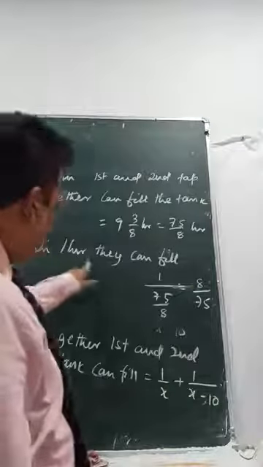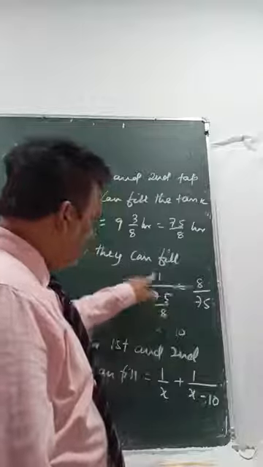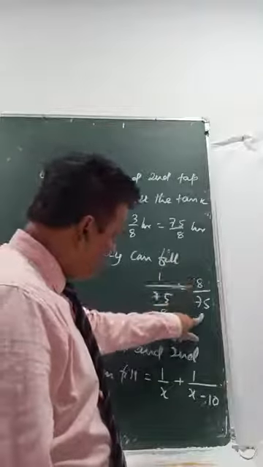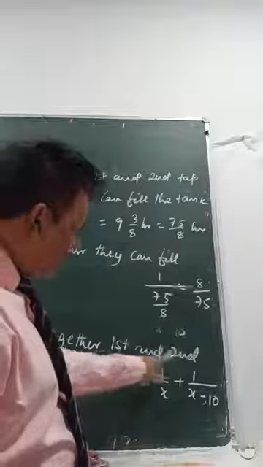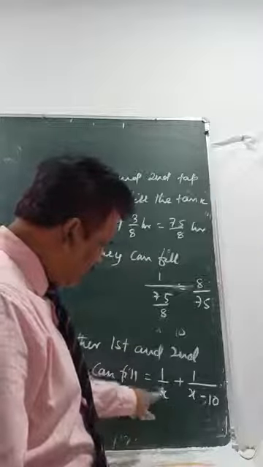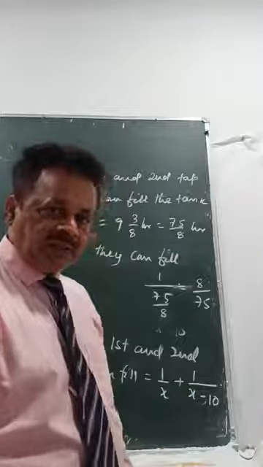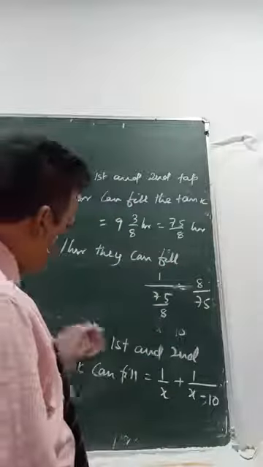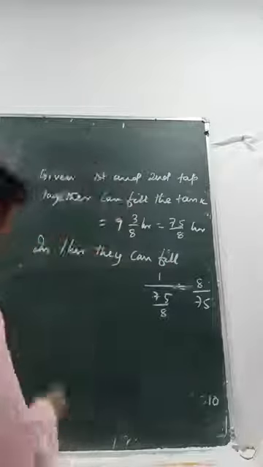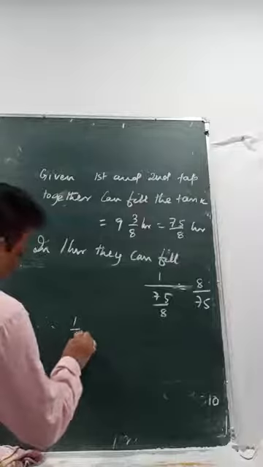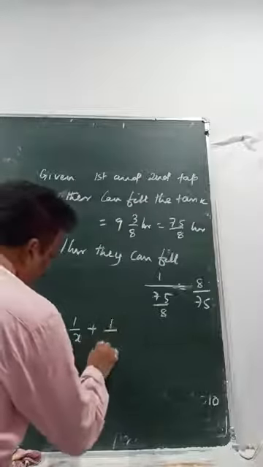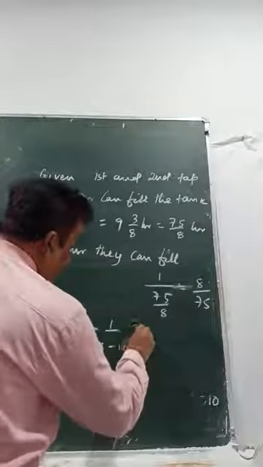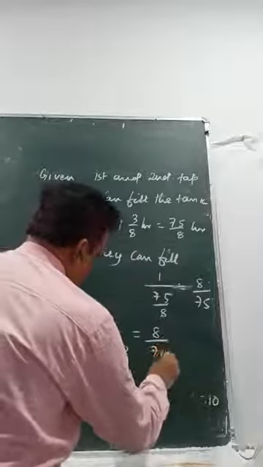So together they can fill in 1 hour 8 by 75. Also together, in equation form, it is 1 by x plus 1 by x minus 10. That means this one is equal to this one. So you will get 1 by x plus 1 by x minus 10 equals 8 by 75.